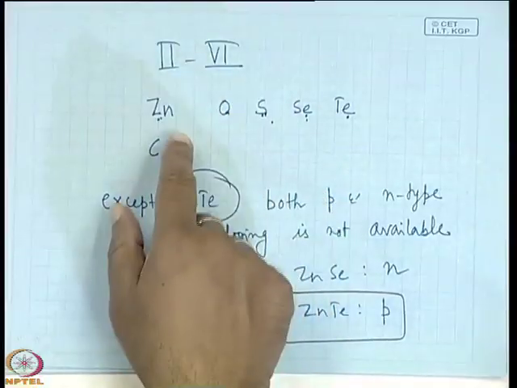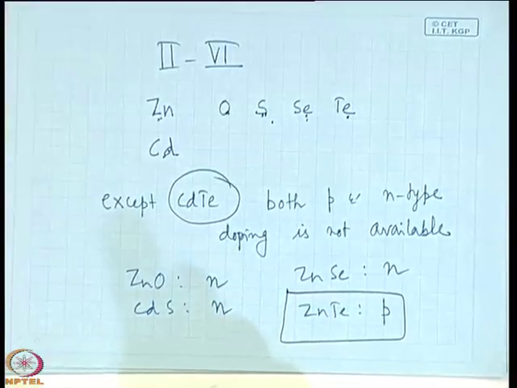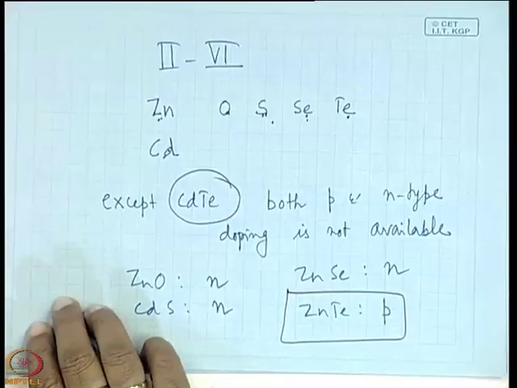A silicon p-n junction is very readily made, a gallium arsenide p-n junction is very readily made, but for these 2,6 compounds, zinc oxide or cadmium sulfide or zinc selenide or zinc telluride, a p-n junction is not readily made. That is a disadvantage. Why does such a thing happen? Why is there a problem of doping? What is the difficulty?